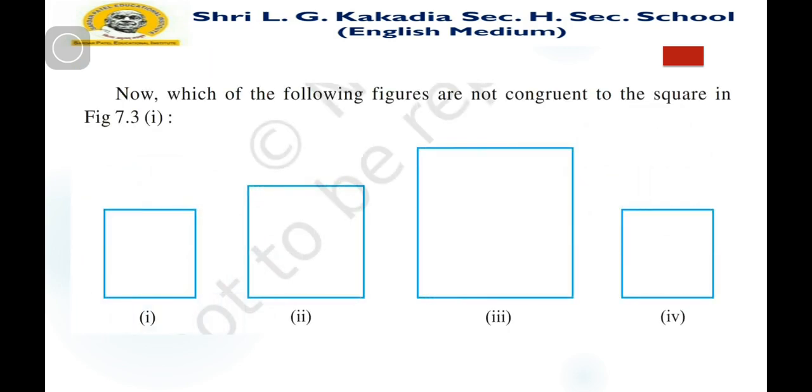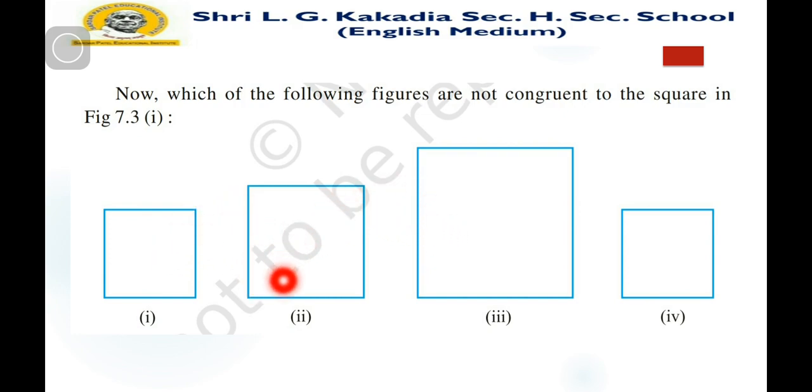One more example you can see here. Here are given four figures. You can say that some of them are equal, meaning congruent, and some of them are not congruent. Here you can see that figures 1 and 2 are not congruent. Why? Because figure first is of small size. If you put this square on this square, or alternatively put this square on that square, it does not cover perfectly.